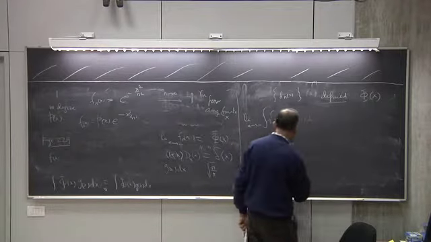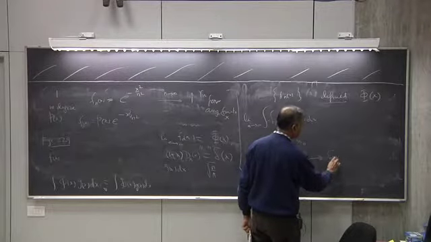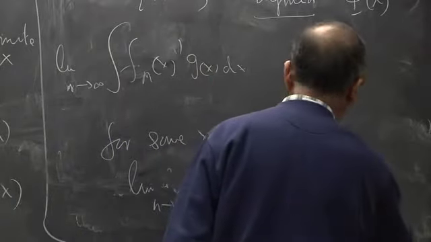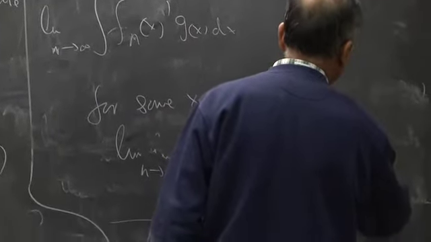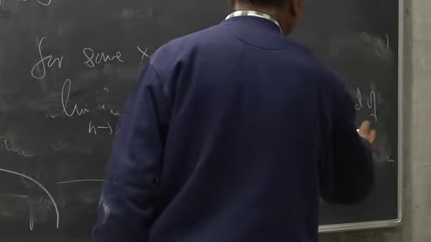Say this limit is some function f of x, where x is in some neighborhood of x naught.